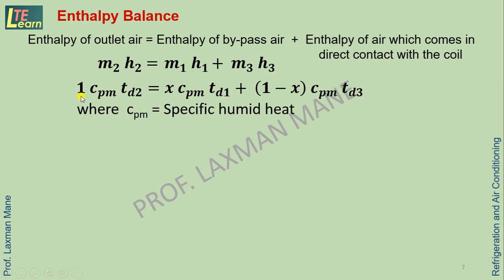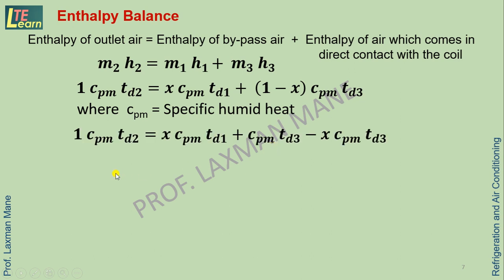In terms of temperature, 1 kilogram outlet air into CPM into temperature TD2 is equal to entering bypass air x kg into CPM into TD1, plus contacted air 1 minus x kg into CPM into coil temperature TD3, where CPM is the specific humid heat of air.